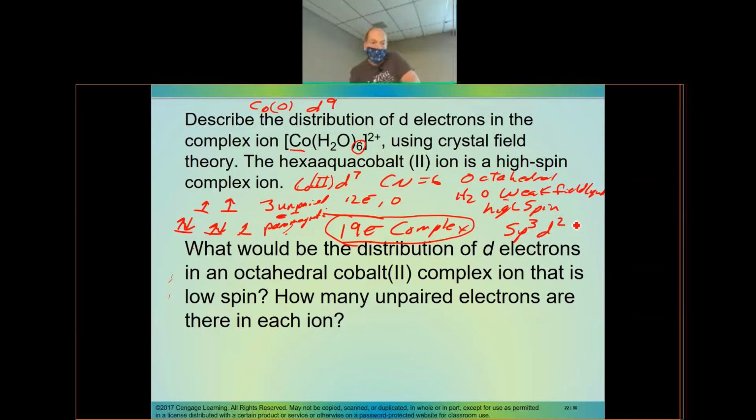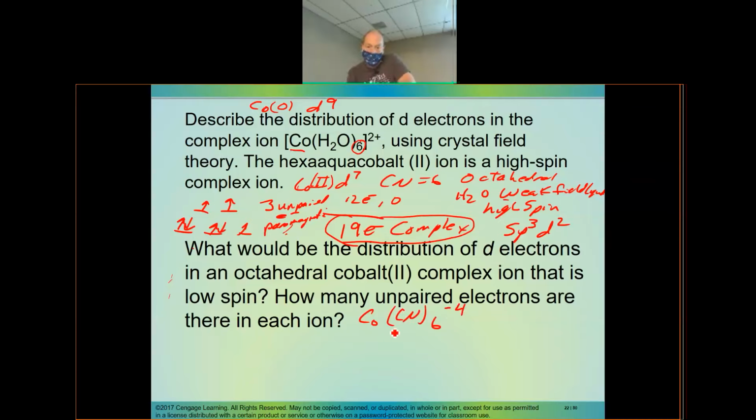In order for it to be d2sp3, those 2 on top would have to both be empty. Now if we change it and do the same thing they did last time, we're going to use CN, 6 of those, and now it's going to be a -4.